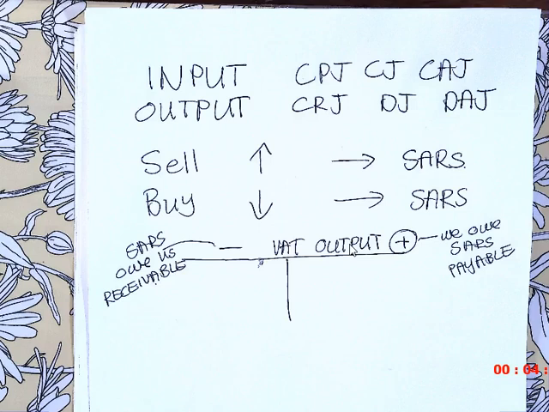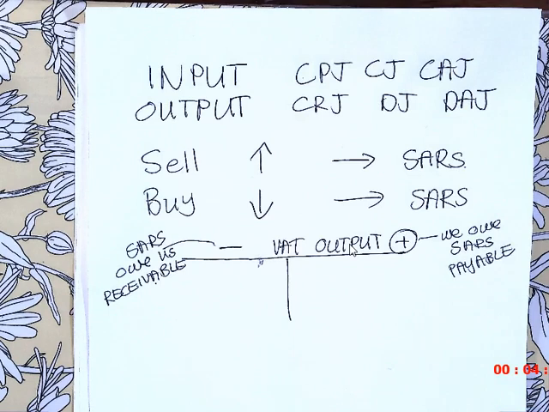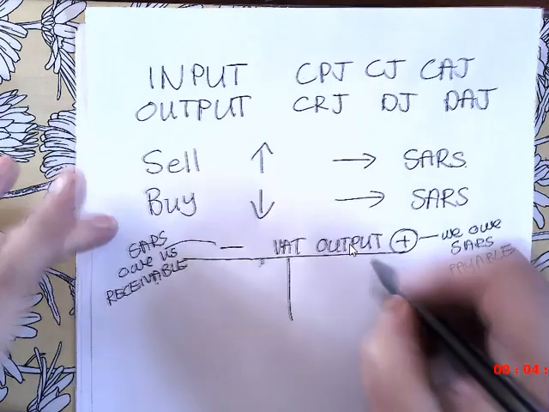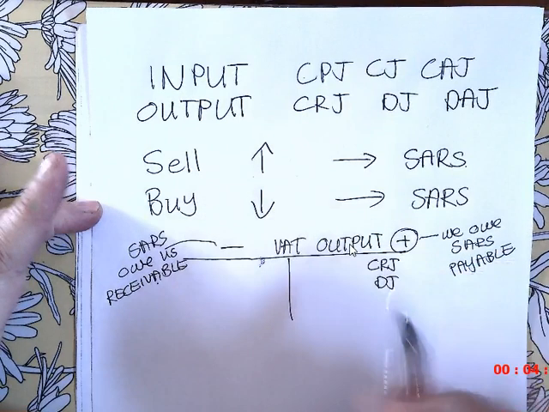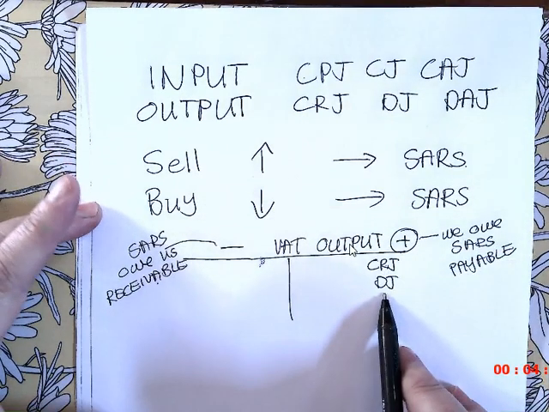Okay, so now, what will make the VAT that I need to pay to SARS more? Oh, obviously when I sell more. So what's the two journals where I sell? CRJ and DJ. I sell cash, I sell credit.